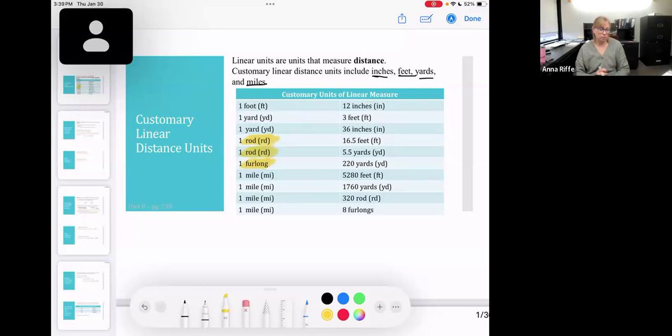Used a lot in horse racing, but we don't talk about them in normal everyday life, unless you're a farmer. But the others should be fairly familiar. I'm throwing in some unusual ones because we want to be able to use this process of conversion, regardless of whether the units are things that we're used to or not.